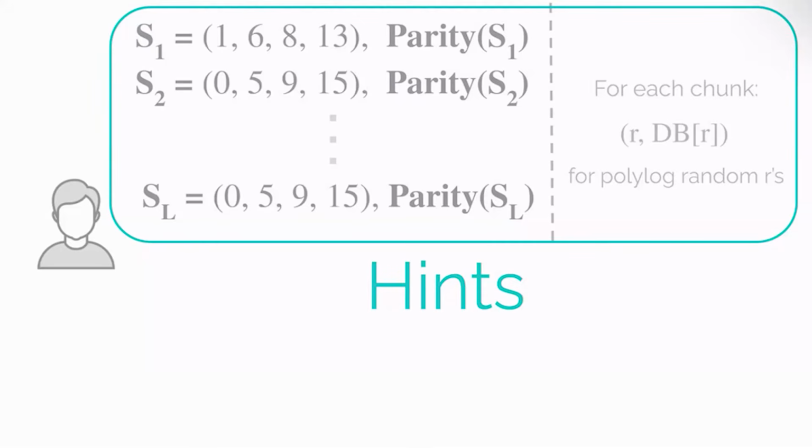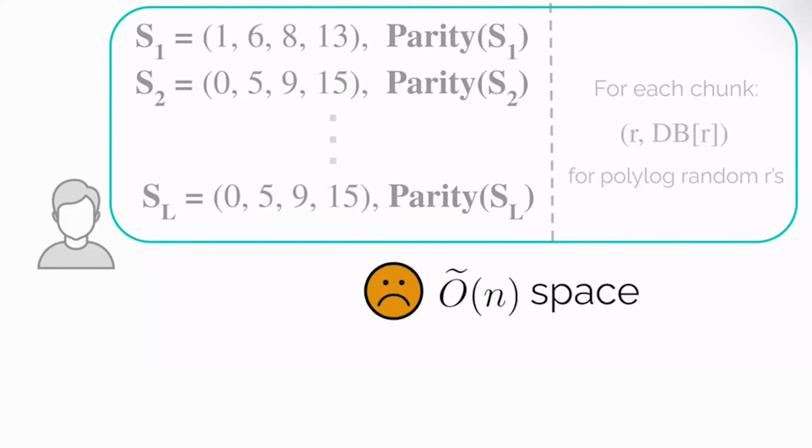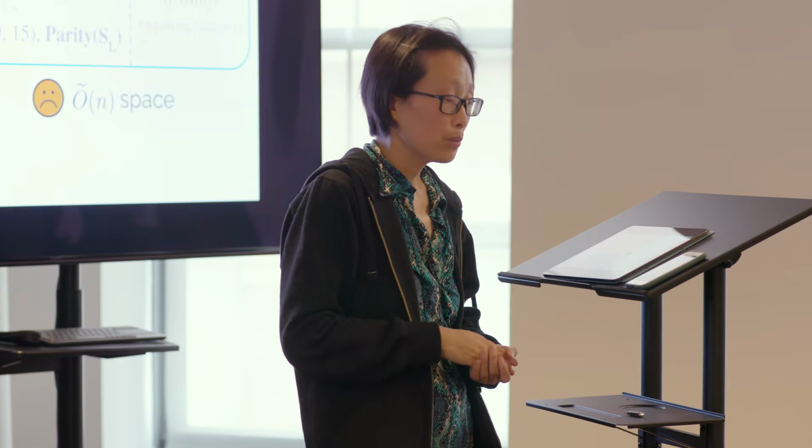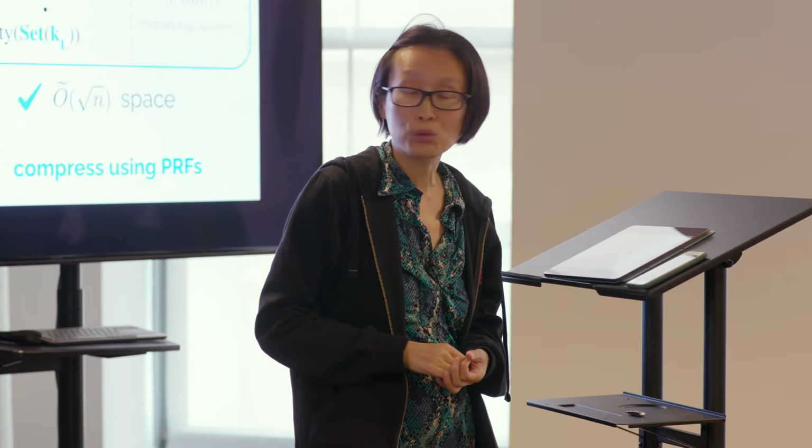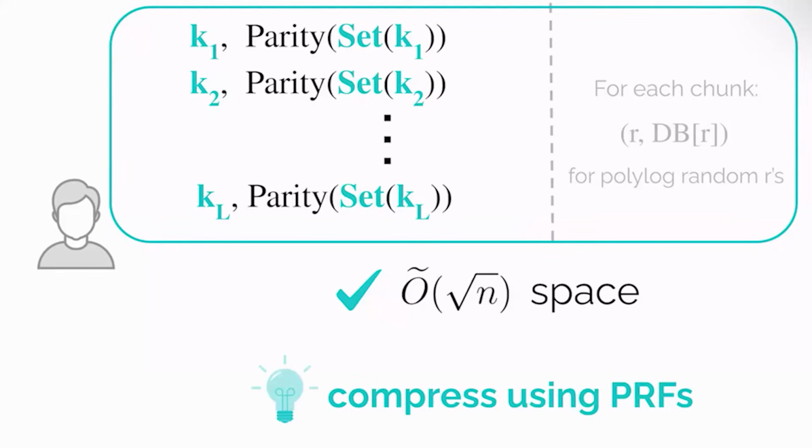If you do this in a naive manner, the space is very large, because storing each set requires square root n space, and I have square root n sets. So the client has to have linear space, and it might as well just store the whole data set. Fortunately, we can use a PRF to compress them. Instead of generating the set randomly, I generate it pseudo-randomly, which compresses the space to square root n.